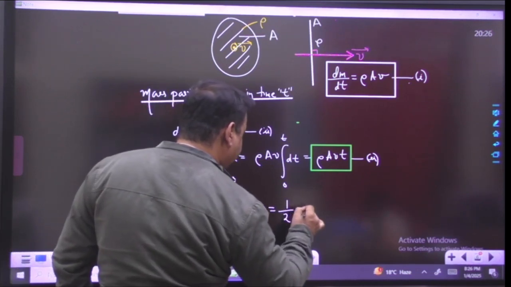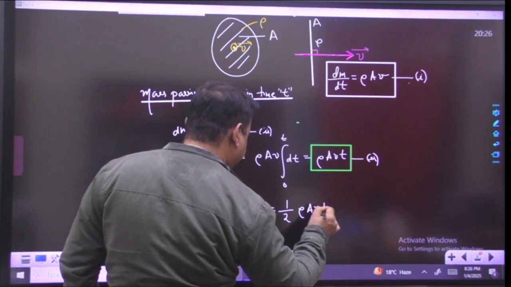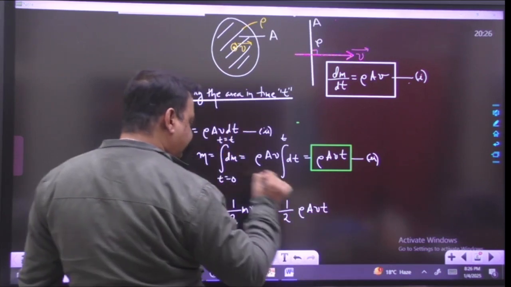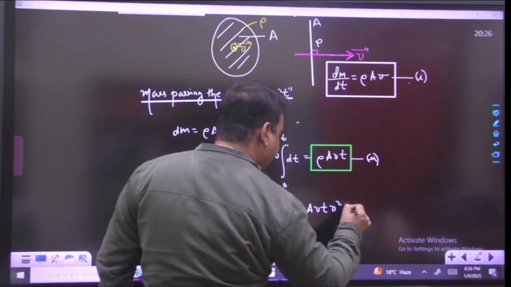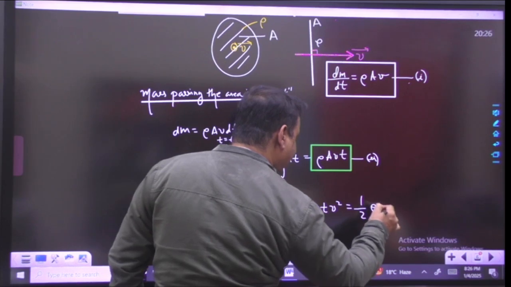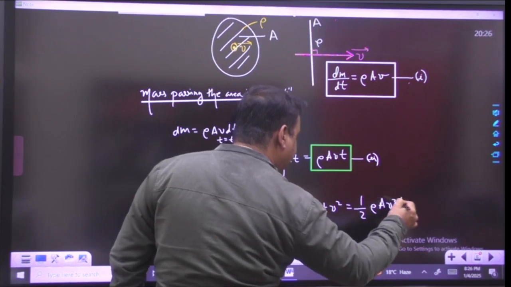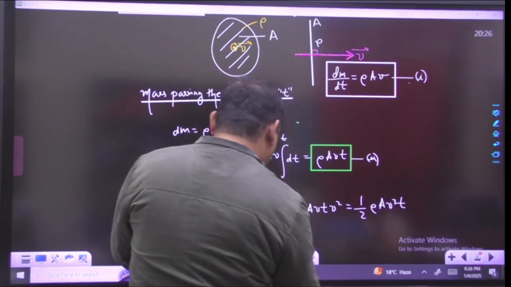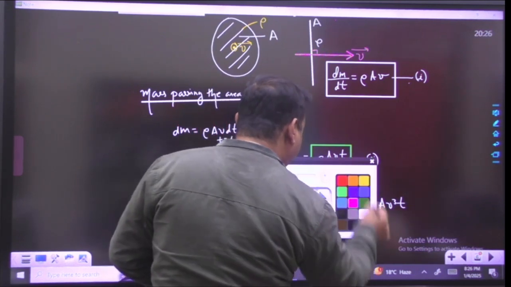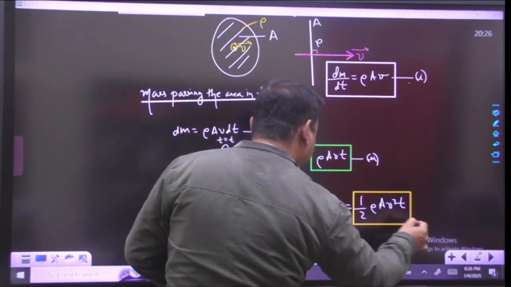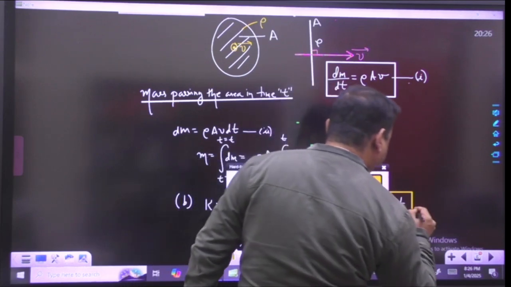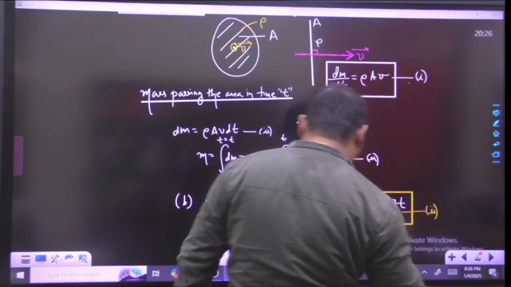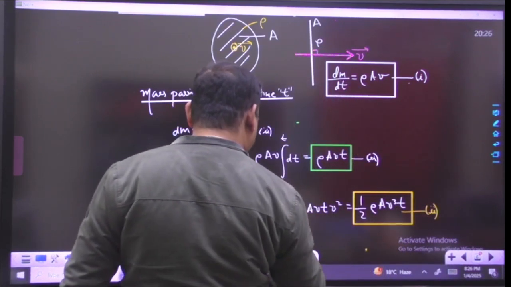So you'll get half, rho A v t, that is the mass in time t, times v square. So you'll get half rho A v cube t. This is the expression for the kinetic energy of the air or wind coming through in a time t. Let it be equation number 2. Okay, now what about the third part?